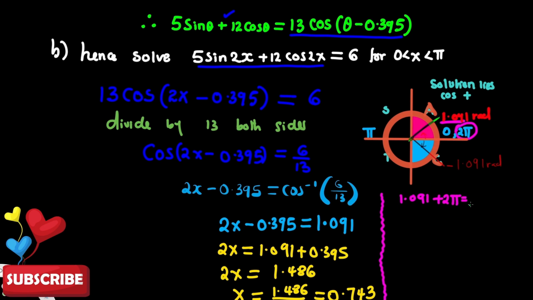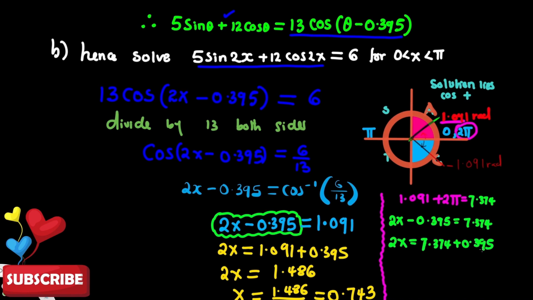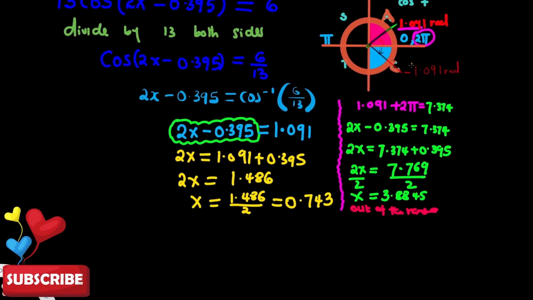I'm just showing you that because you may be finding angles after moving a complete revolution and starting another one. Now this is the second one, but if you try to find the value of x using this particular part, we're going to divide by 2 here, and the answer is going to be 3.08845 radians, which means that this is out of the range that we were given, so we are not going to take that. I'm going to show you how to get the other one.